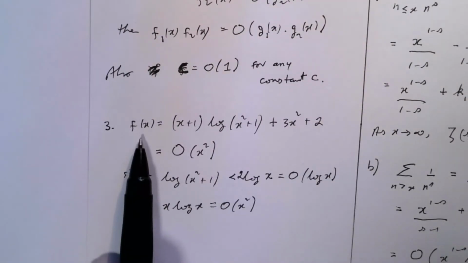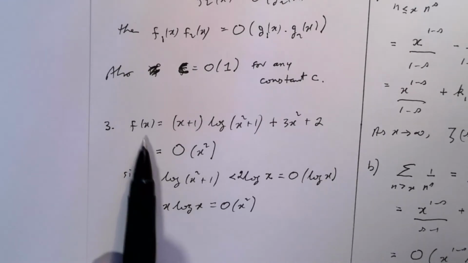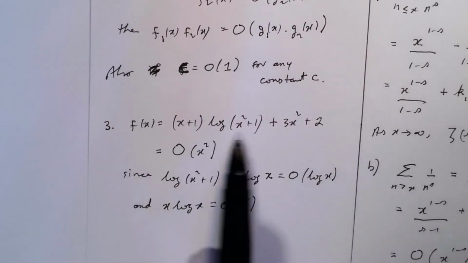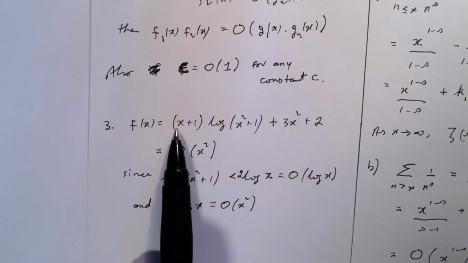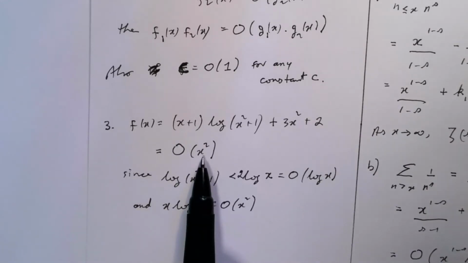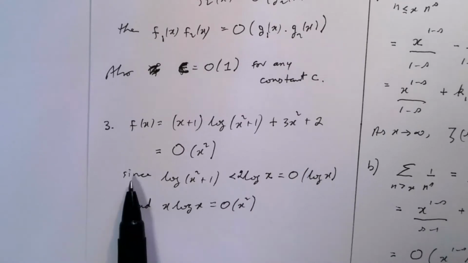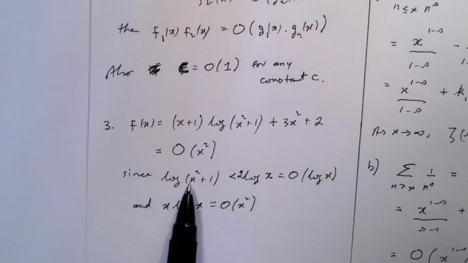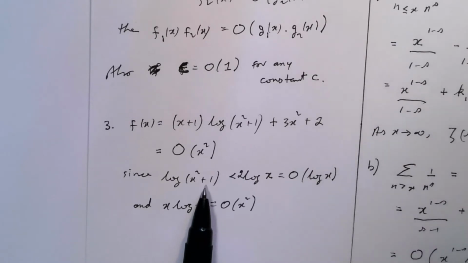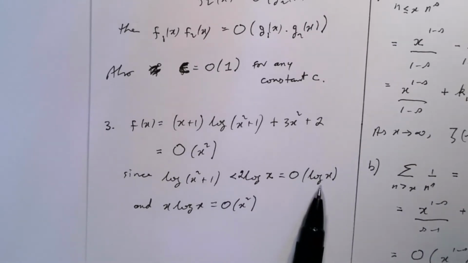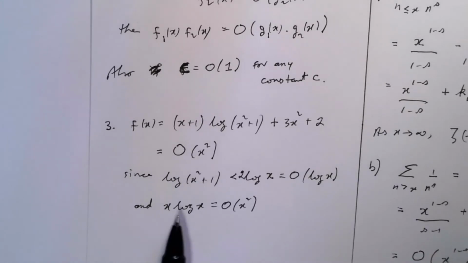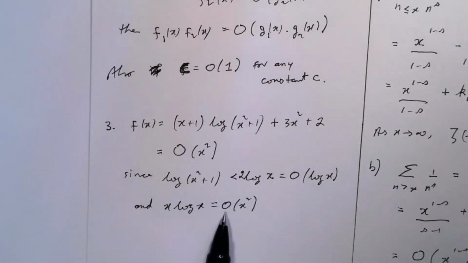Just to find another example using the ideas here. So if I've got this expression here and I want to know what is the dominant term, what's the growth rate of this, then this is big O x squared. We can see that because certainly this divided by x squared is bounded for all x sufficiently large, and if I look at log of x squared plus 1, then this is less than 2 log x, which is big O log x, and so x log x is big O of x squared, because log x is less than x.